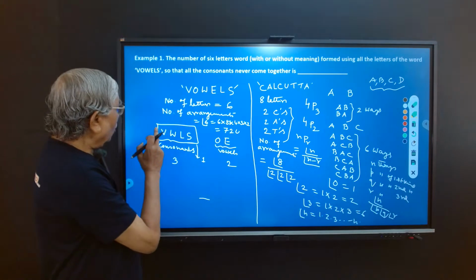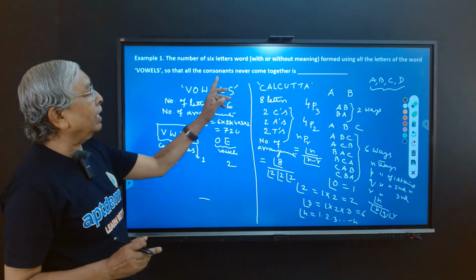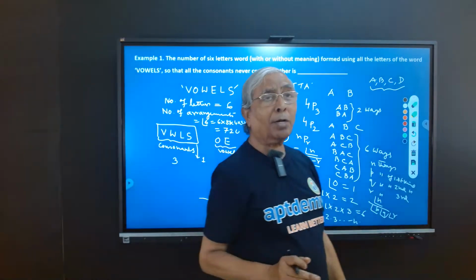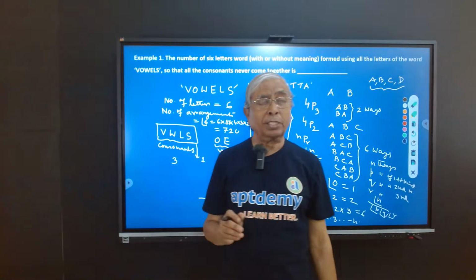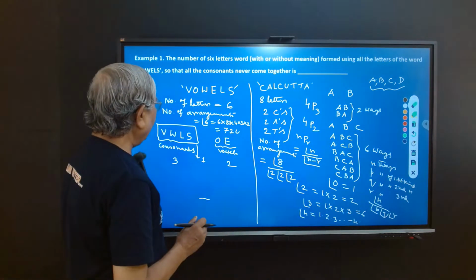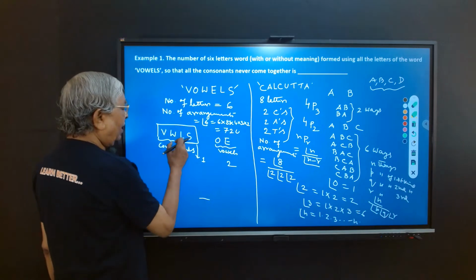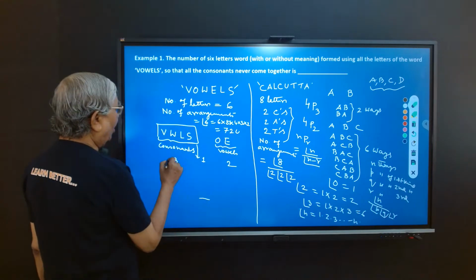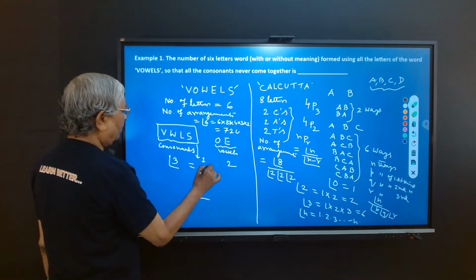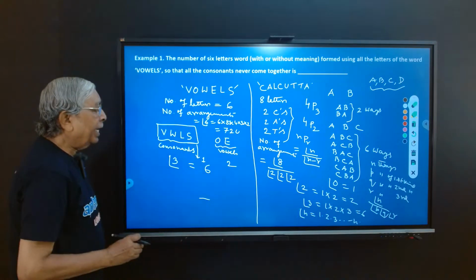Taking the consonants as one, because the consonants will never come together, first we see how many arrangements there are when the consonants will come together. The number of arrangements will be factorial 3, that is our 6.